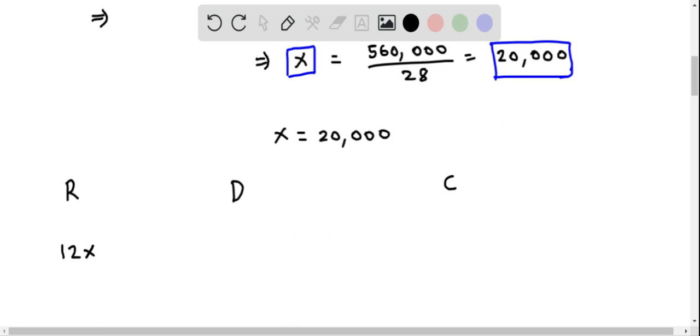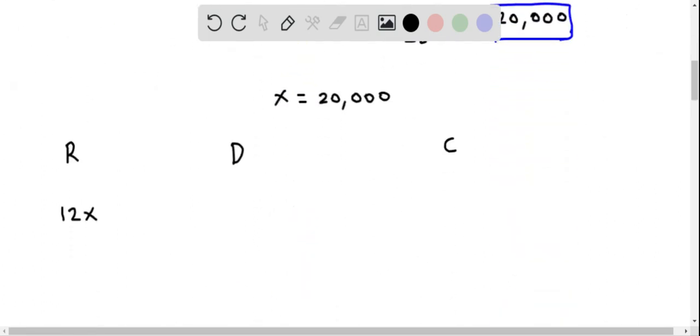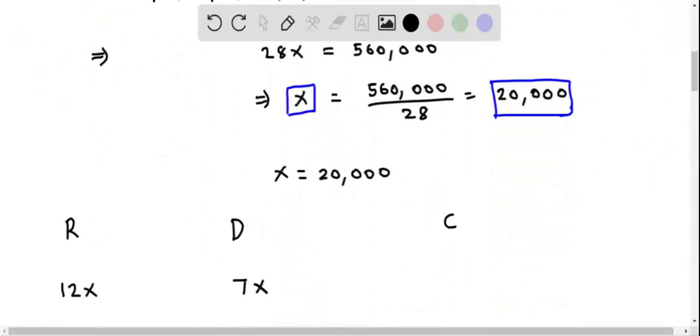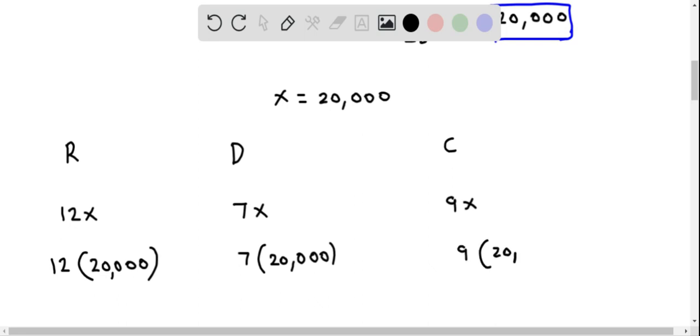Roger's share, we know, is 12x, Dodger's share is 7x, and Codger's share is 9x. So we represent it like this. Now let's determine each of the shares. We just have to plug in x equal to 20,000 here. So Roger's share will be 12 times 20,000, Dodger's share will be 7 times 20,000, and similarly Codger's share will be 9 times 20,000.